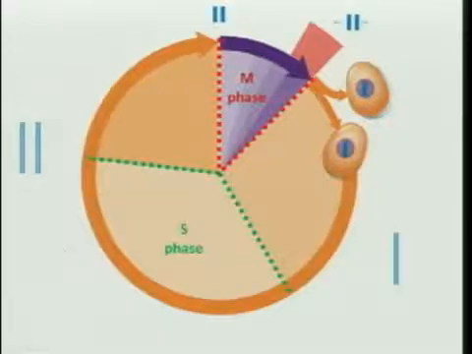The two organizationally most important slices of this pie chart, and this is of course partly why I went through discussing with you Florence Nightingale's invention of the pie chart, are the part of the cell cycle when DNA is replicated and the part of the cell cycle when the DNA is partitioned between the daughters. The part of the cell cycle when DNA is replicated is known as the synthesis phase, or the S phase.